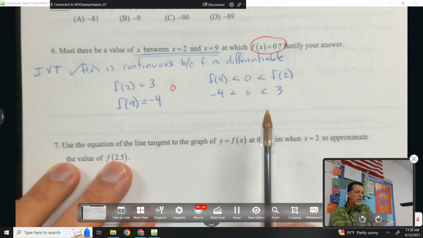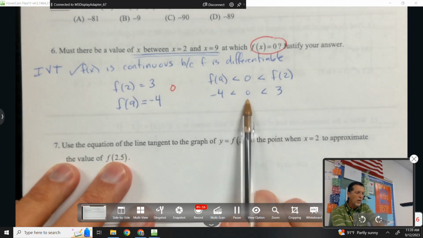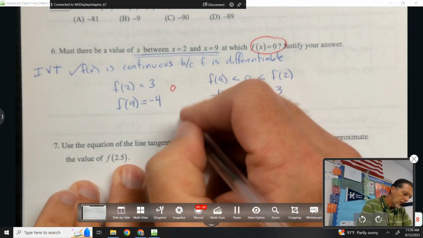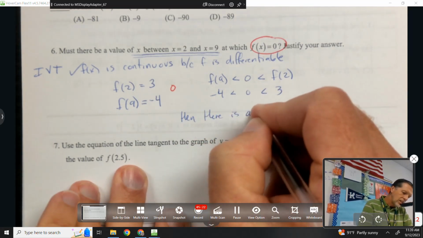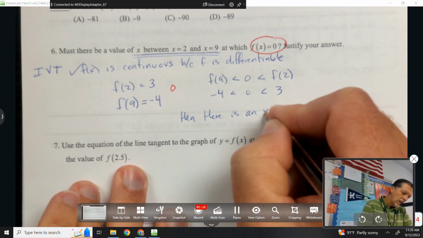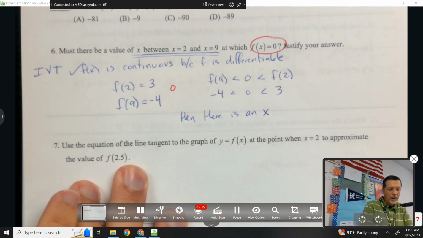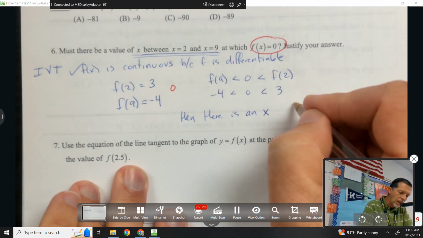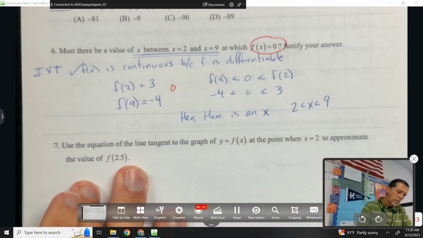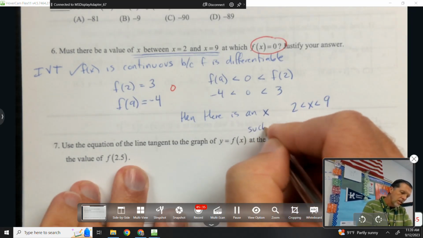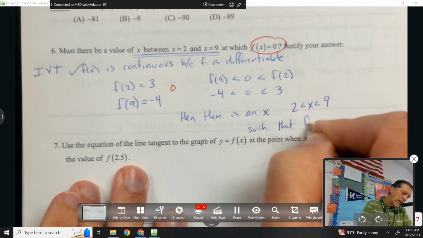Okay, so if my y value is in between my y values, then that means there is an x between 2 and 9. So you could write it out between 2 and 9, or you could just say 2 is less than x is less than 9, such that f of x equals 0.